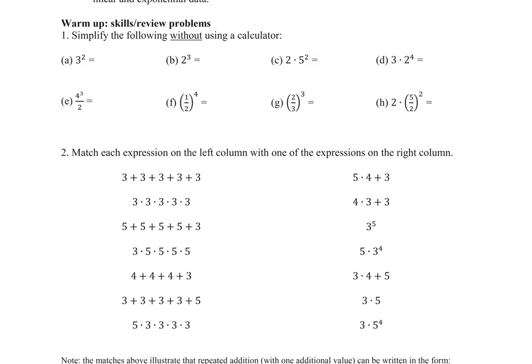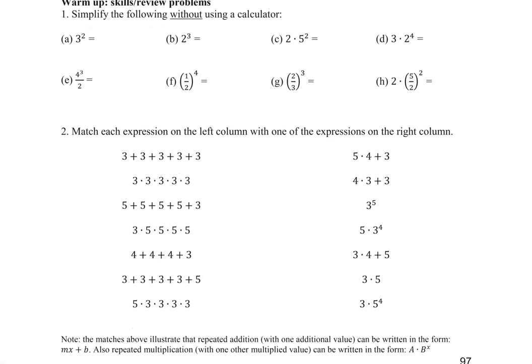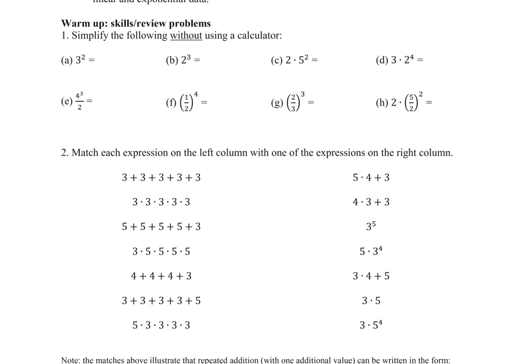Let's start with the warm-up problems. Simplify the following without using a calculator. The first one, 3 squared, meaning that is 3 times 3, and that is equal to 9.